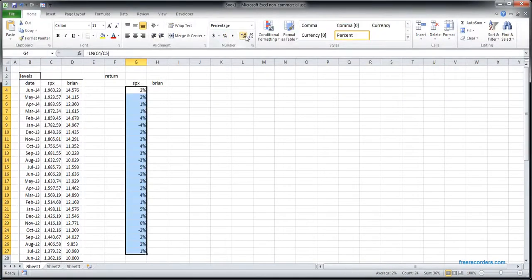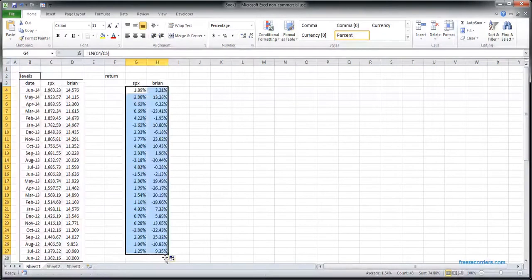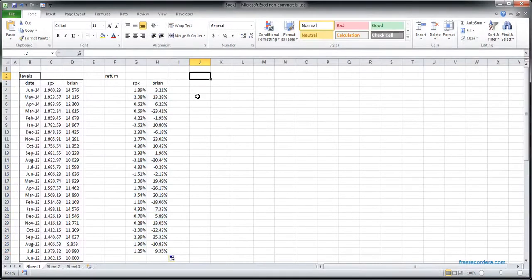We'll format that into percent, and then I'll just drag this over, and we have the returns for the S&P 500 and then the returns for my hypothetical retirement account. Then we can look at some really simple statistics here.